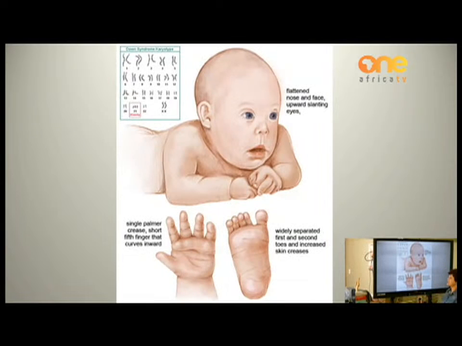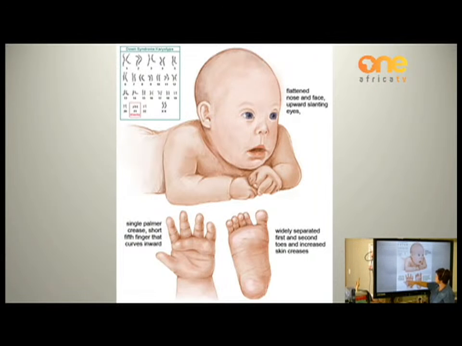Now, in Down syndrome, when the baby is born, we see a flattened nose, upward slanting eyes, and interestingly, the fingers are very short, especially the little finger, and there is a line right through the hand.